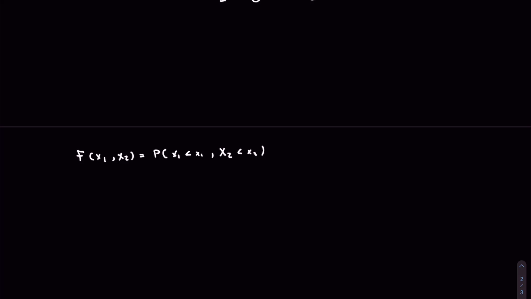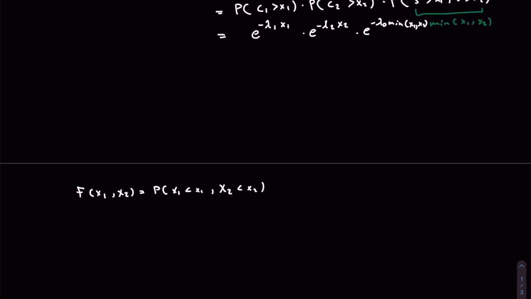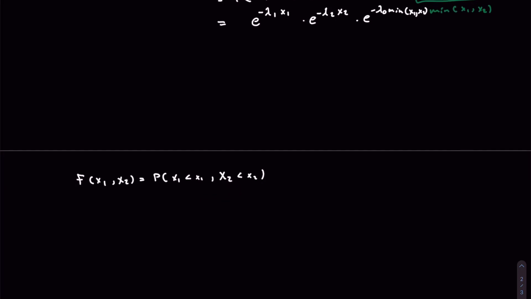Well, the problem here is that if we write out x1 and x2, we'll get the minimum here, right? Which is fine. But then in order to open up the minimum of two random variables, we need to switch the inequalities by taking the complement, and then open that minimum up, but that will lead to a rather complicated situation.